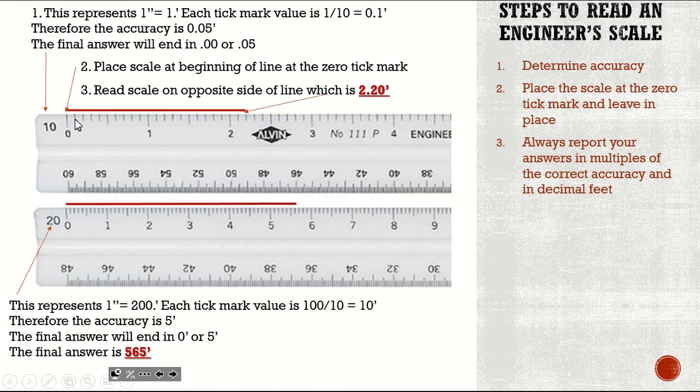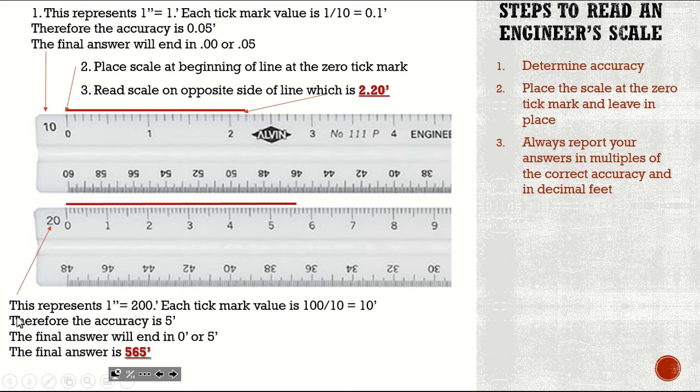So each of these tick marks is now 0.1, and if I fall in between halfway, it's 0.05. So if there's no 0 at the end of my scale, I better end in 0.00 or 0.05. So if I look here, 1, 2, 2.1, 2.2. If this was in between 2.2 and 2.3, right here would be 2.25.